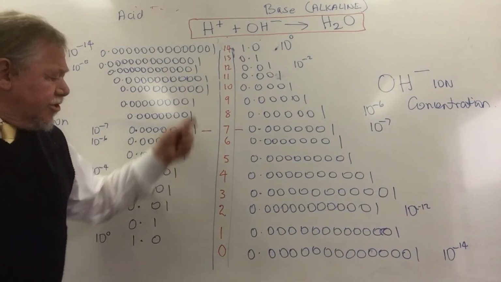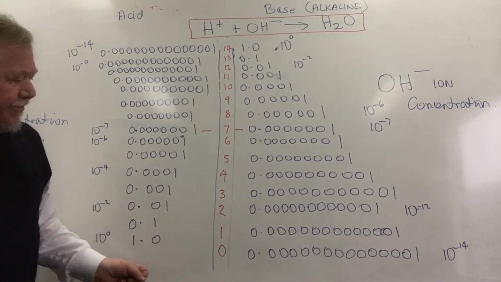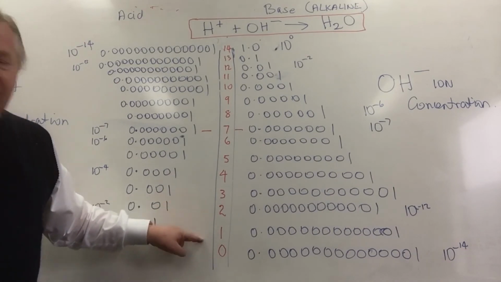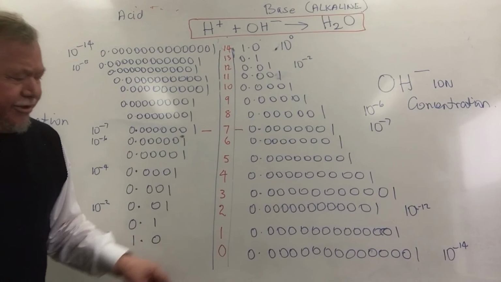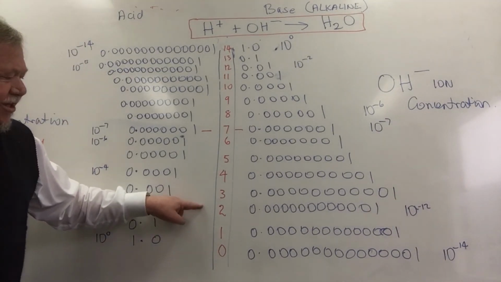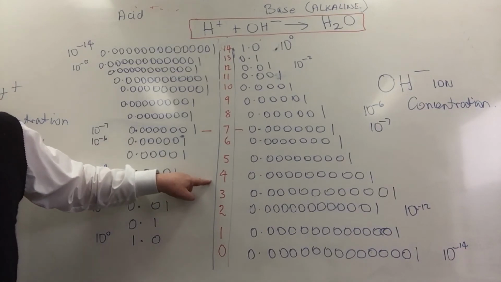Where's your stomach acid? Your stomach acid is way down here, sort of right in here, in between 1 and 2. So it's quite acidic. Soft drinks are around about 3.5.